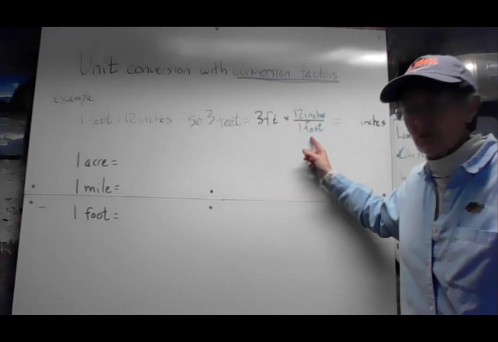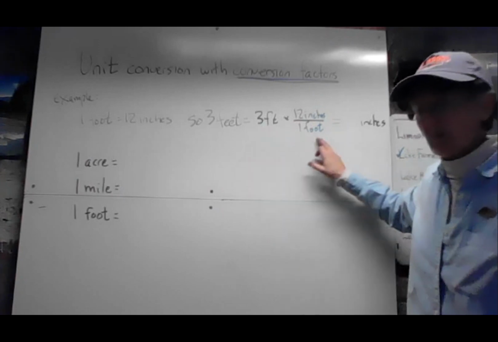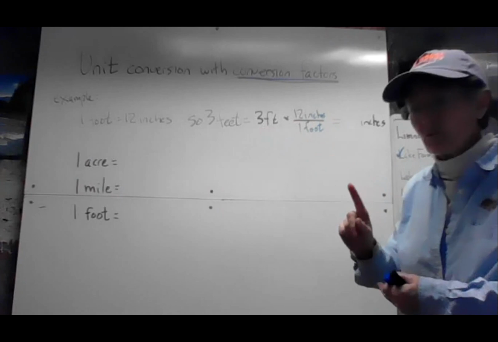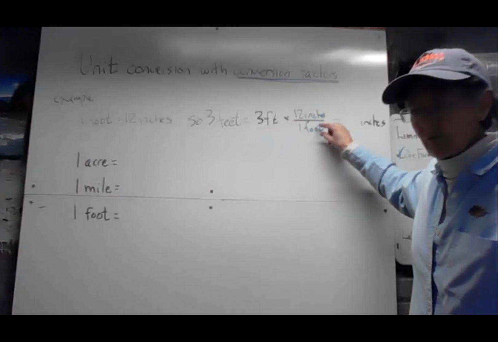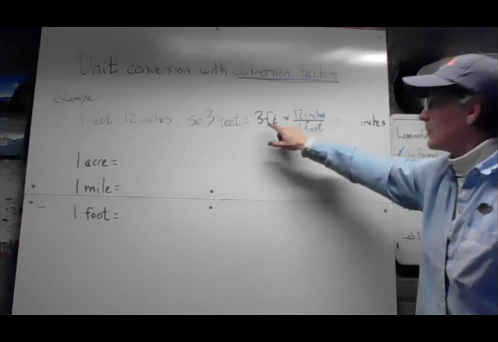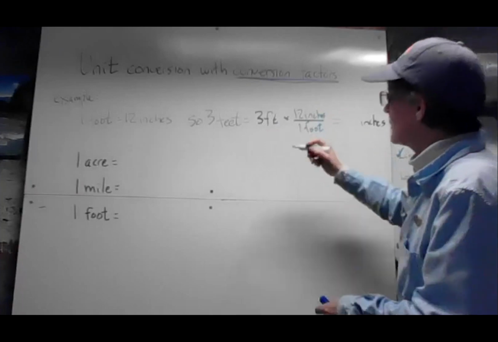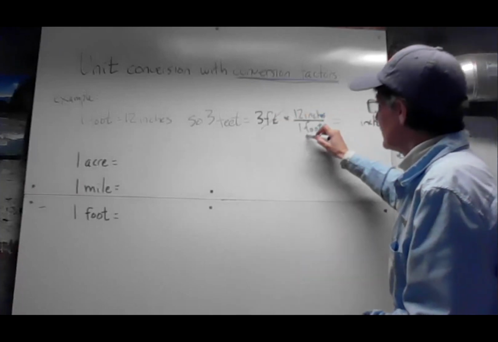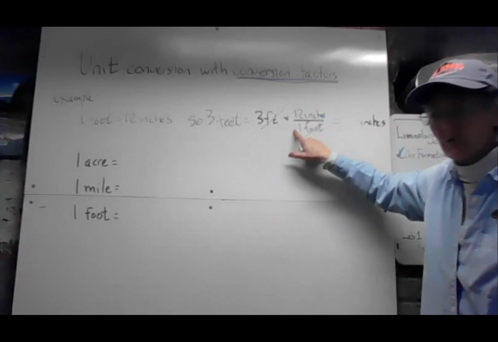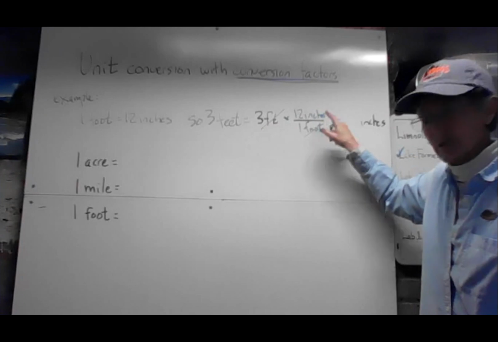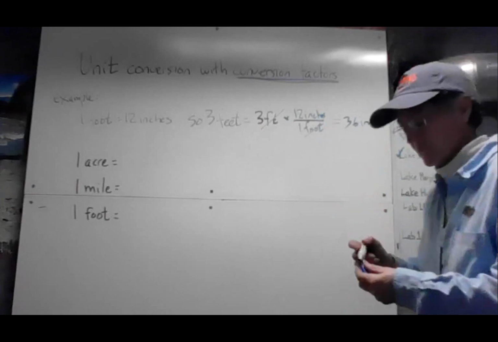So we're going to take 3 feet and multiply it by something whose magnitude is 1, but it looks different because it's written with different units. So 3 feet times 12 inches over 1 foot. The units here are going to cancel, and we're going to be left with 3 times 12 over 1 inches. In other words, 36 inches.